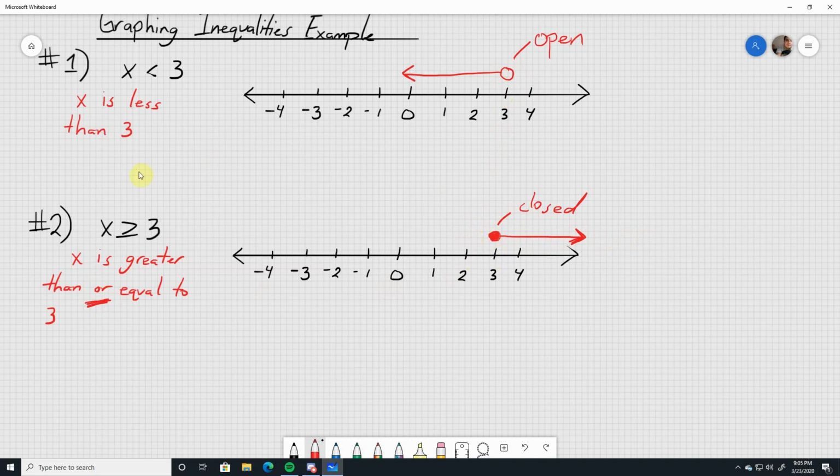So if we want to plug in a number for X, we could plug in 3 over here, but on number 1, we can't plug in 3. Because if you read it, is 3 less than 3? No. But 3 can be greater than or equal to 3. That's the only difference, and it makes a huge difference. If we were to have a test, which we're not, it would be wrong if you put this one when it should be this one.